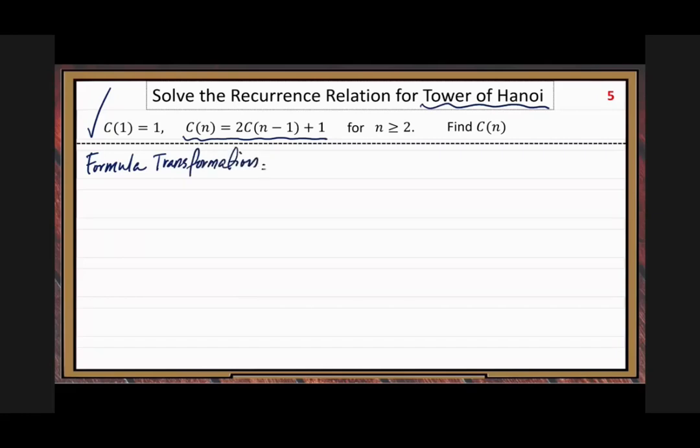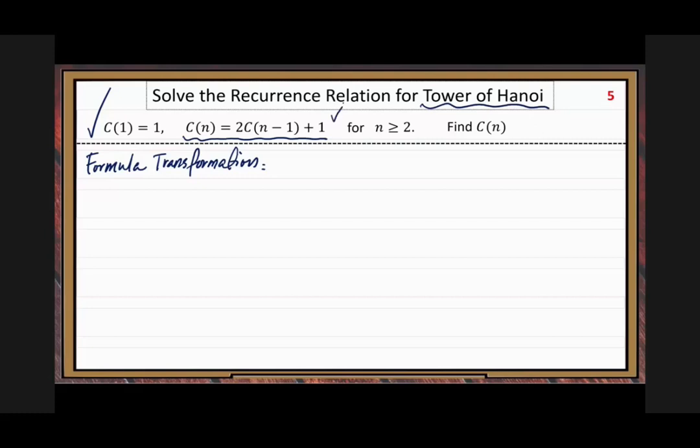How do we do the right formula transformation here? Look at the structure of both sides. We need to make some good observation on the structure of our formula, both sides.